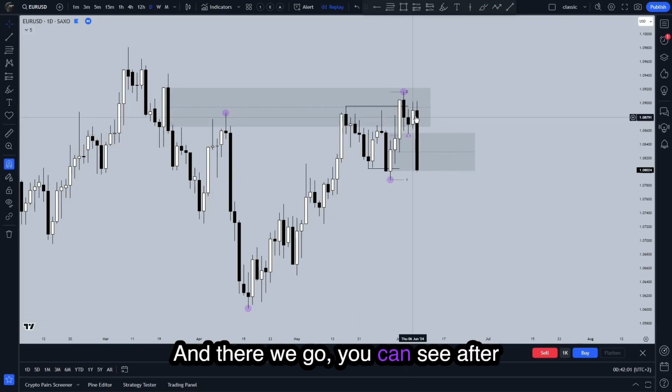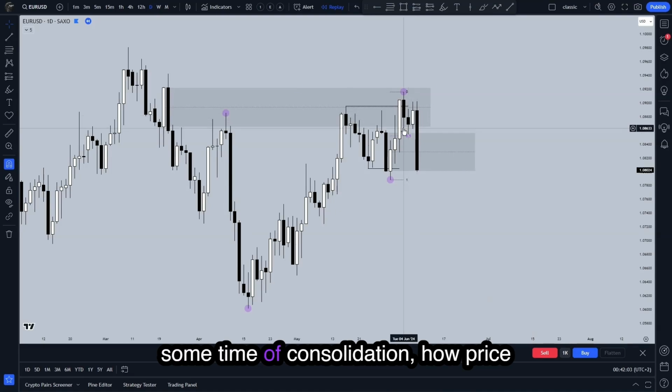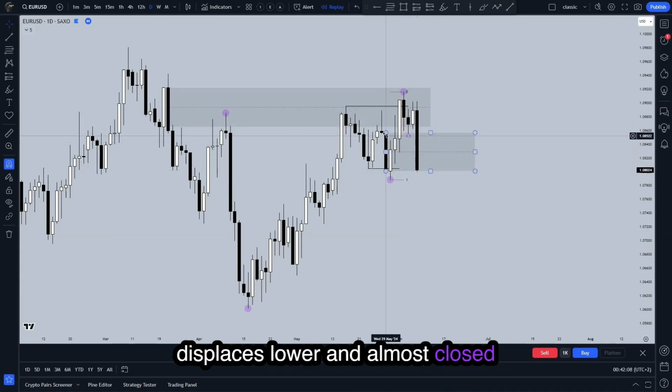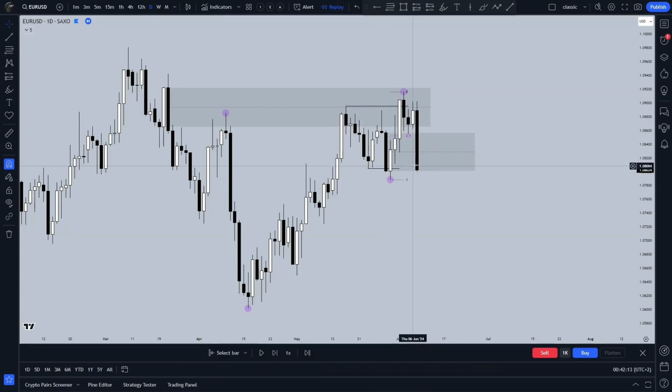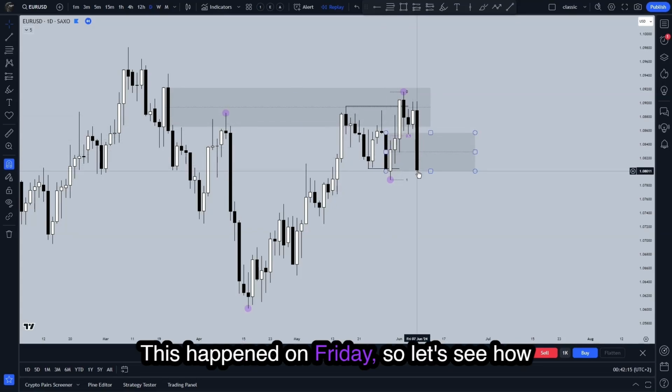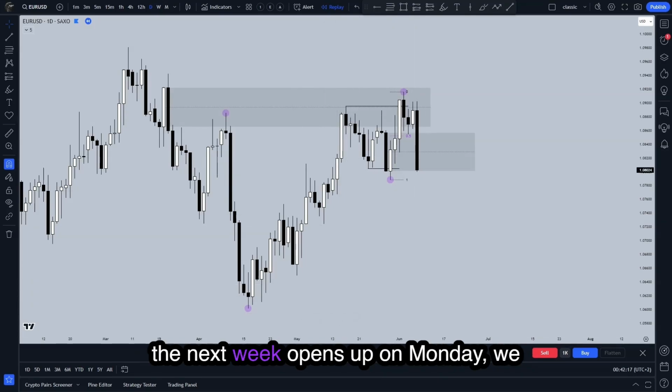And there we go. After some time of consolidation, price displaced lower and almost closed below the daily bullish order block. This happened on Friday, so let's see how the next week opens up.